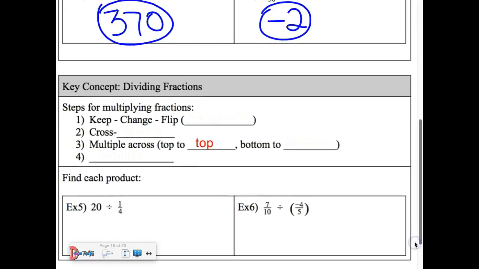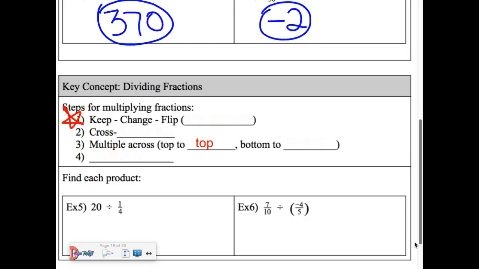This next part is where it's going to get a little bit crazier. We're going to be dividing fractions. It's very similar to what we did yesterday in multiplying, but we have this first step here, and I actually want you to put a star next to it. This is our most important thing. When you divide fractions, you have to do this thing called keep, change, flip.